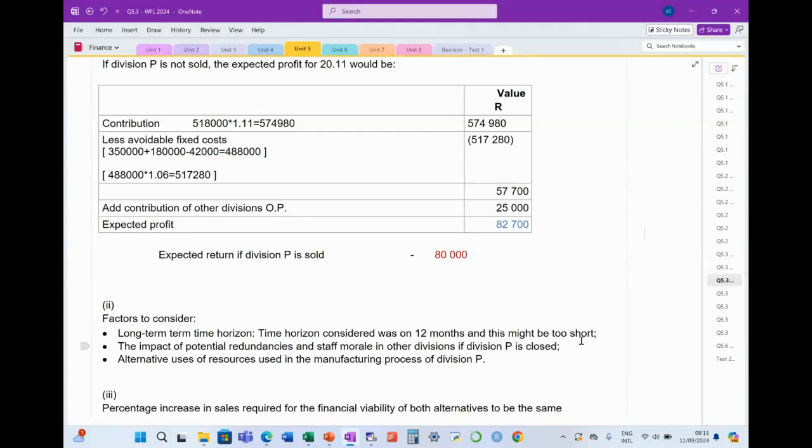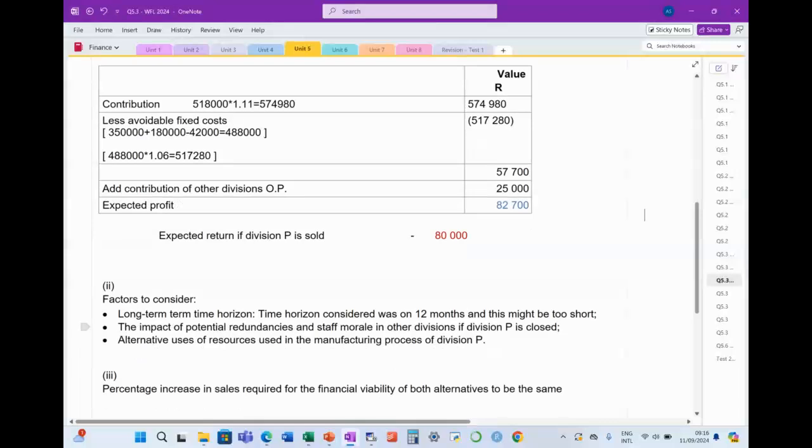Then alternative uses of resources used in the manufacturing process of division P. What alternative uses can we apply the resources that we would have used in division P to? That's something we also need to consider. It was the factory space and office space taken up by division P. What are we going to do with that? That's also something worth considering.